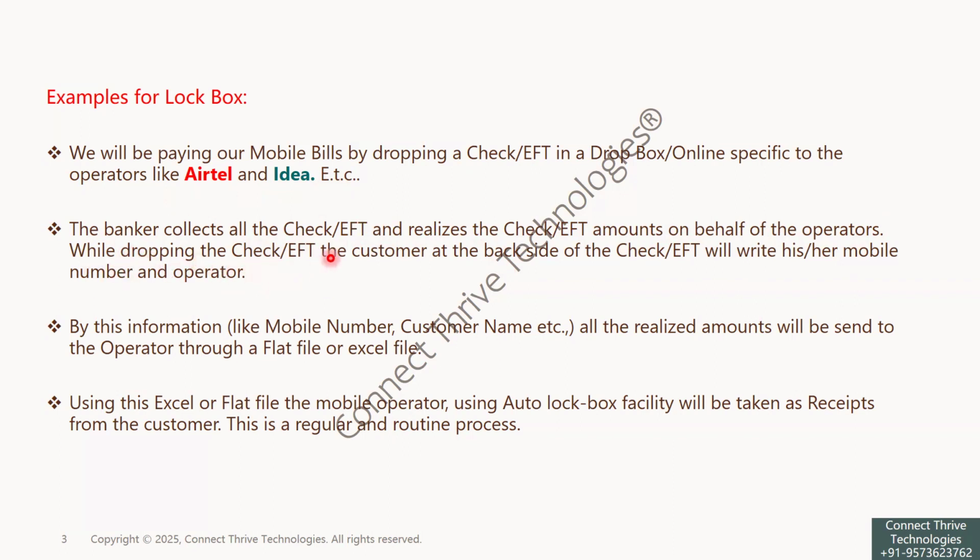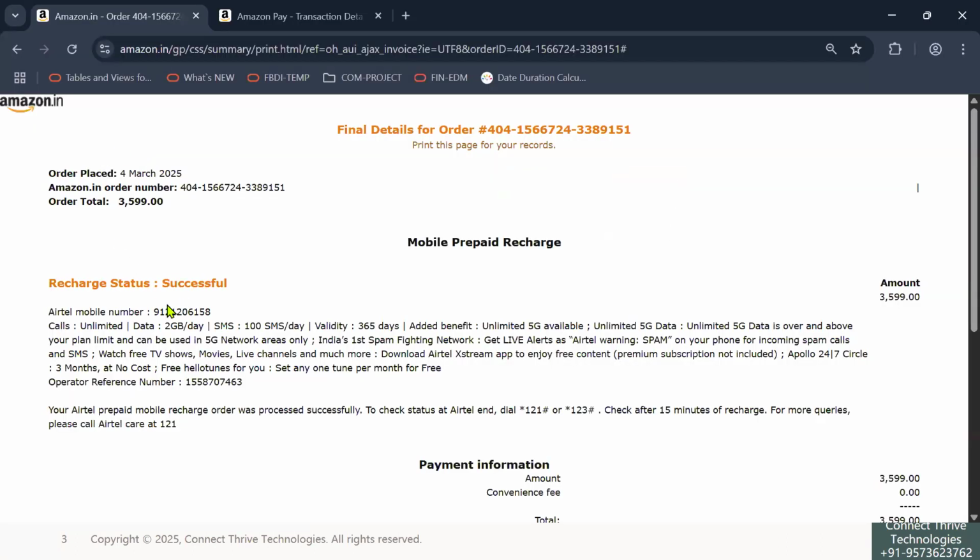While dropping the check or EFT, the customers write their mobile number and operator on the back of the check. It's an old format, that's why they write it on the check. But usually, whenever we do a mobile recharge, based on the mobile number only, it will identify the customer name and which operator it is.